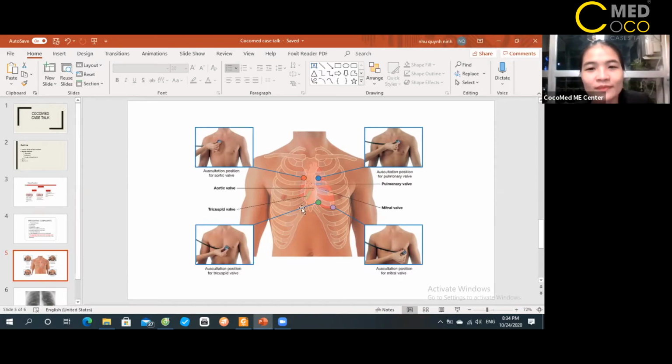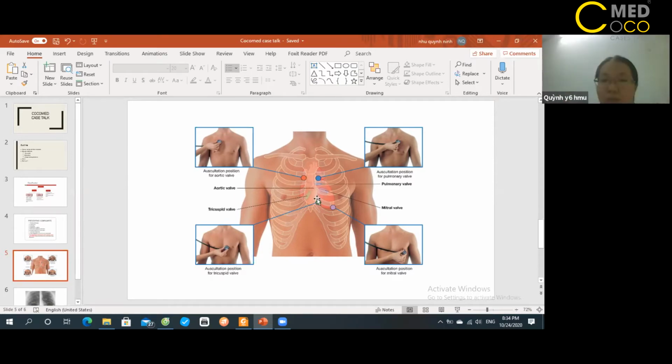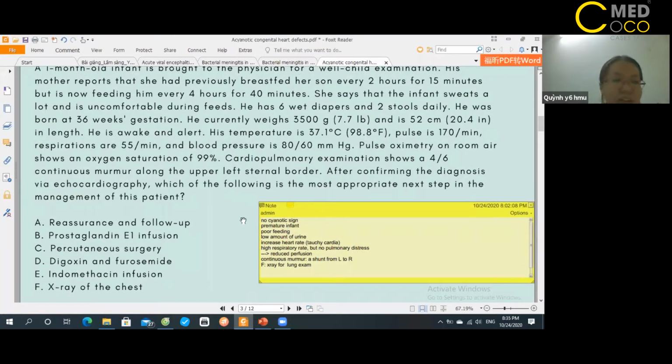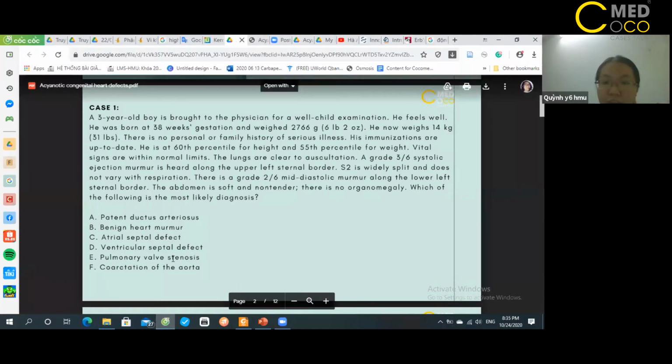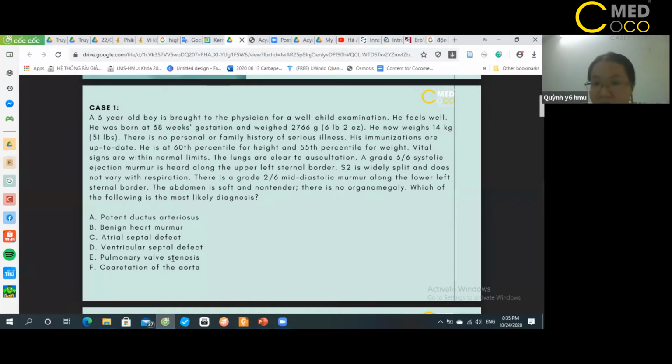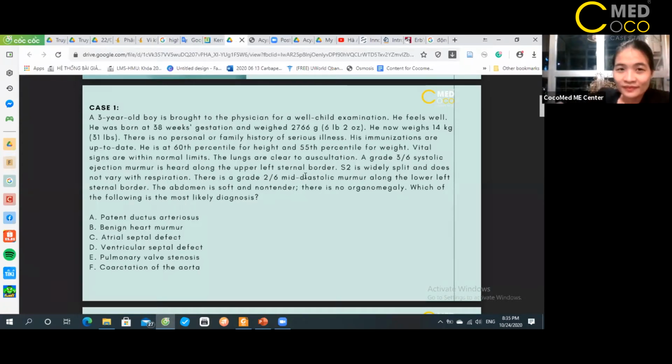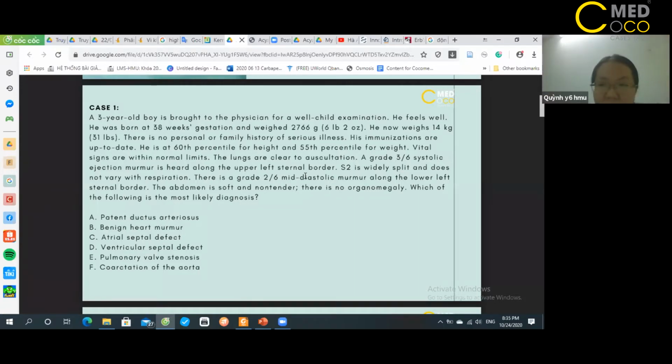Similarly, we can analyze the tricuspid valve. In the location of the tricuspid valve, we hear the diastolic murmur. So which abnormality does that refer to?